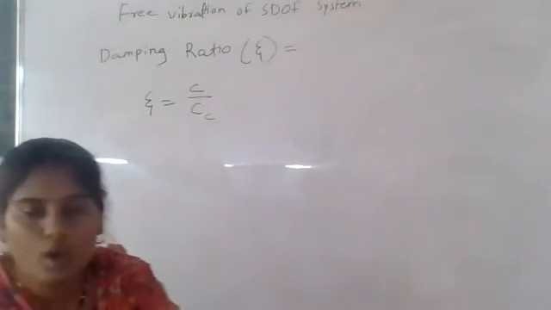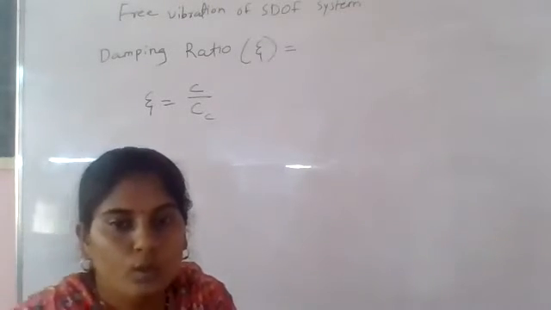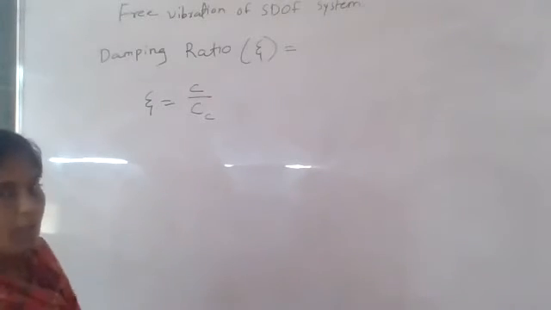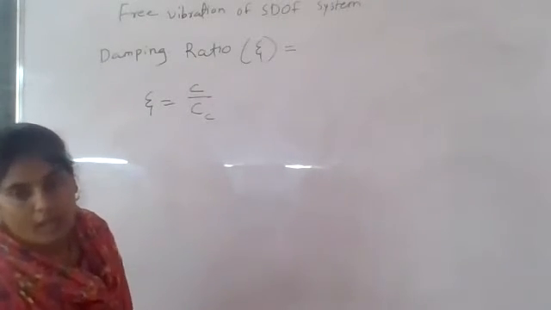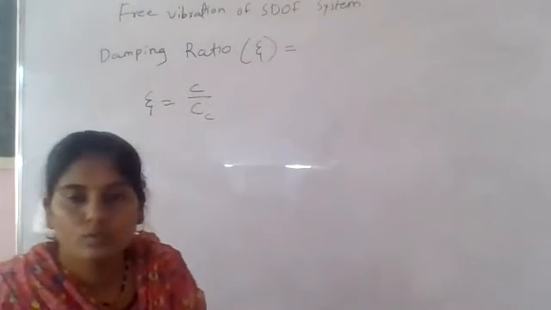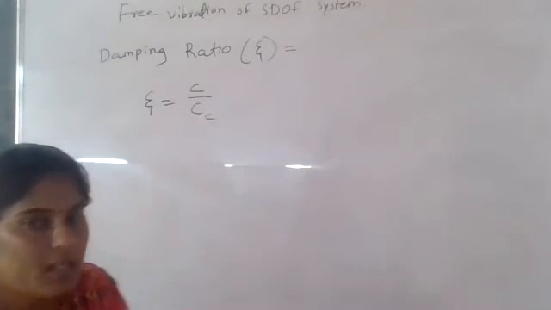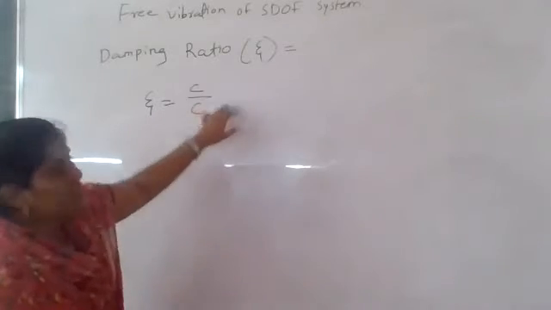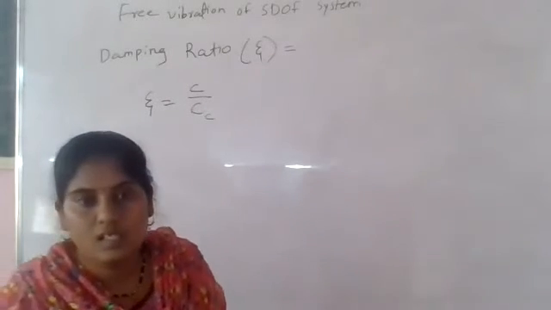It is a ratio of coefficient of damping C to the critical damping Cc, where zeta is equal to C by Cc.